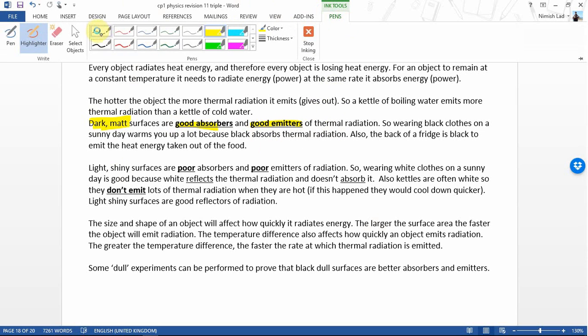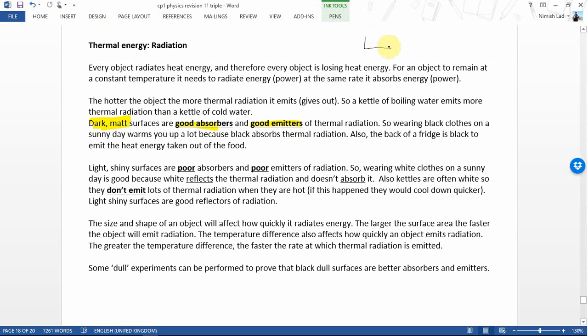If an object is hotter than its surroundings, so that's 50 degrees C, and the surroundings are 30 degrees C, that will give out heat well. If it's colder than its surroundings, so that's 5 degrees C and that's 30 degrees C, then the heat will come in. That's when it will be a good absorber, when it's cooler than its surroundings. That's when it will be a good emitter, when it's hotter than its surroundings.